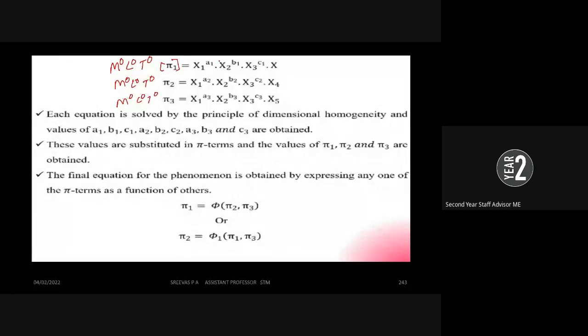So you can make equations by equating the dimensions of the LHS and RHS, and you will get some linear equations. Solving these you will get the powers a1, b1, c1, all these things, and you can represent pi1 as a function of the other 2 pi terms.